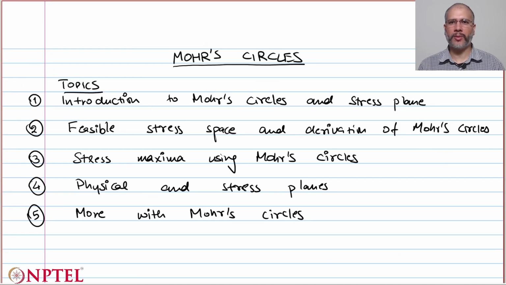Lastly, I'll talk about the fact that Mohr circles are not just useful for identifying the stress maxima, they can also be used to find the sigma n, sigma s pairs, that is, a point on the stress plane for a given normal vector n hat in the physical plane. So let's get started with an introduction to Mohr's circles.